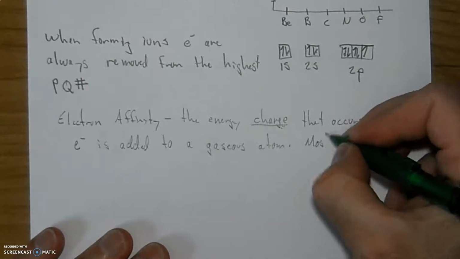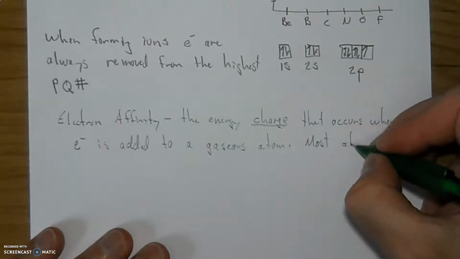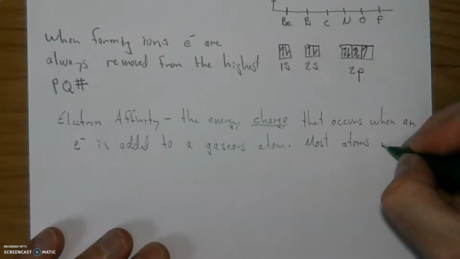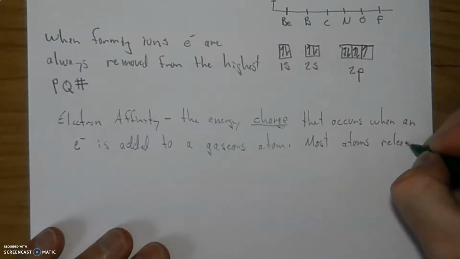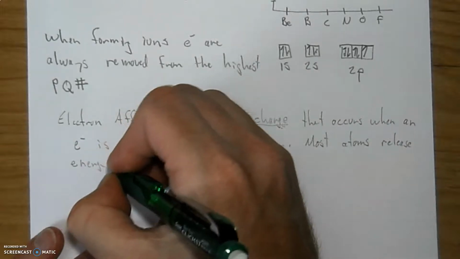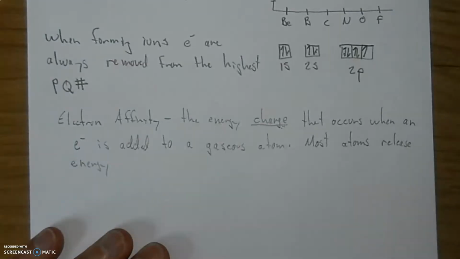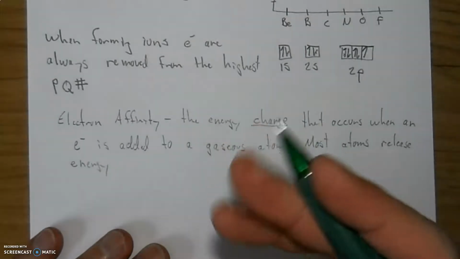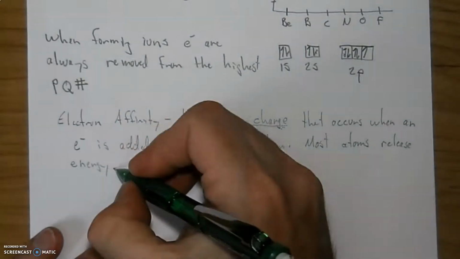Now, in general, most atoms release energy, so they become more stable when they have gained an electron. So they release energy, an exothermic process.